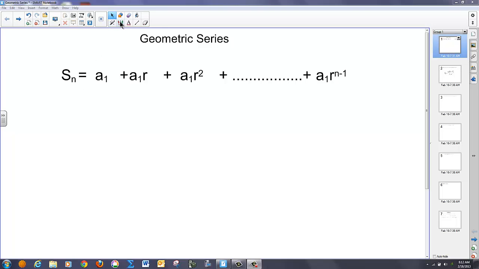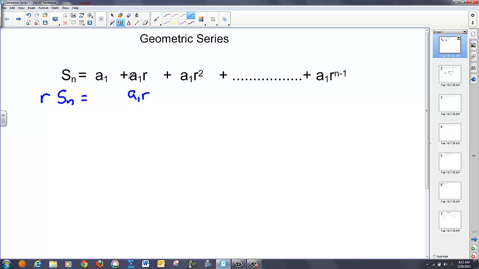So then what he noticed is he said, well, if I was to take and multiply my entire series by the ratio itself, what would I get? And he found out multiplying that ratio by the first term actually got me the second term.